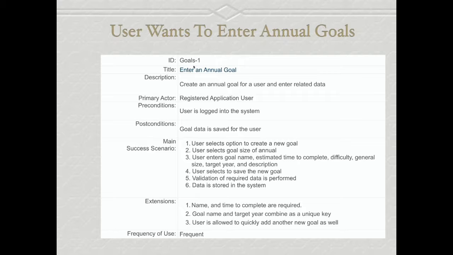Since we're creating annual goals, so this is the annuals. Would we want to give them benchmarks? Like say I would like to be 30% completed by half of the year.